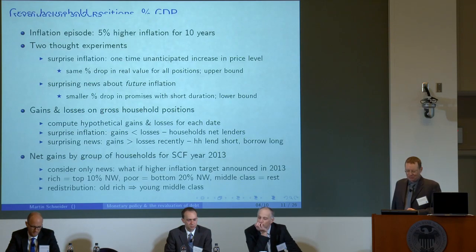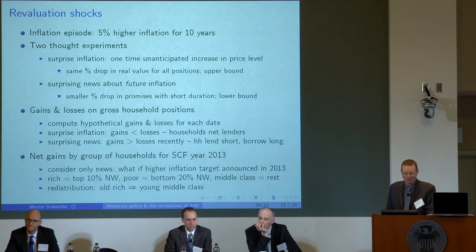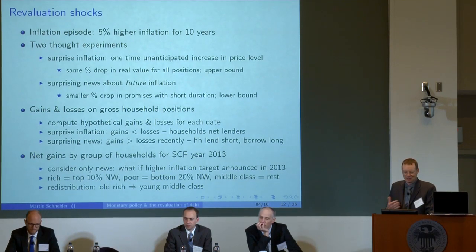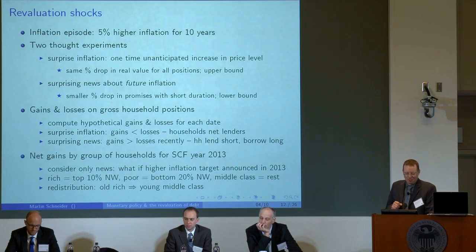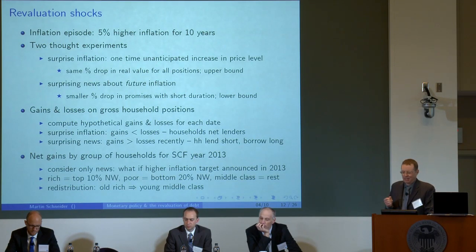Okay, so now let's talk about revaluation. To get some action, let's do an inflation episode that's sizable, 5% for 10 years. And I want to do 2 thought experiments. One is the surprise inflation. So a one-time unanticipated increase in the price level so that we get this effect of a same percentage drop in real values for all positions.